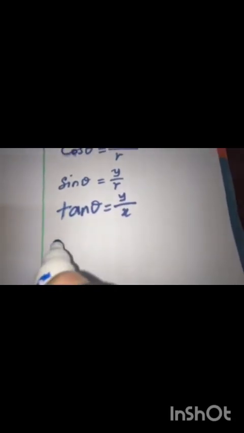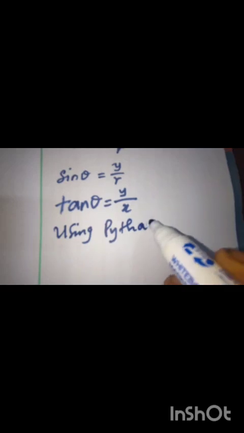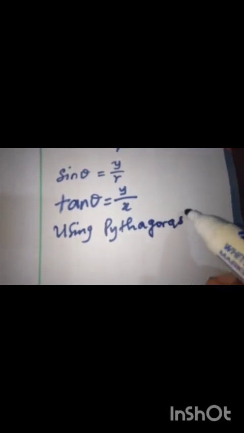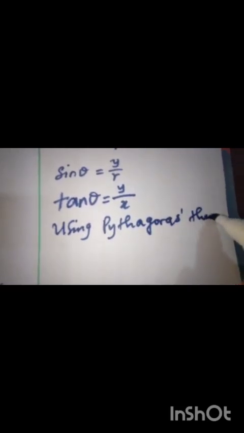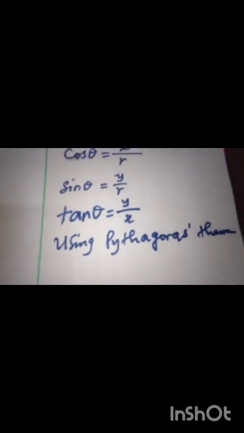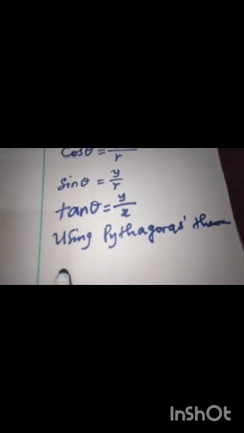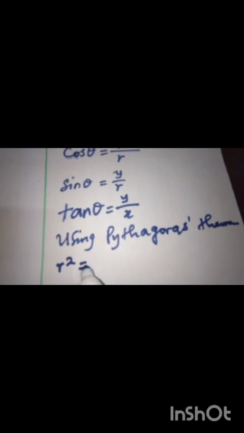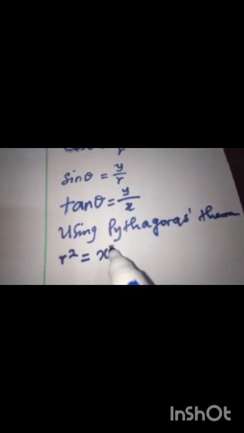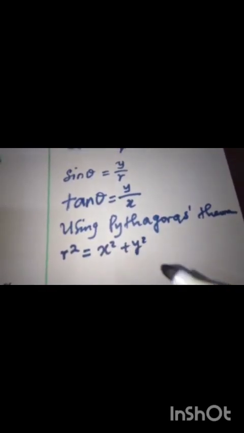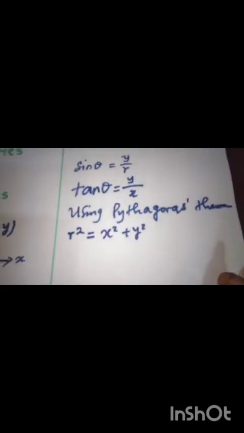Using Pythagoras theorem, we are going to have r squared equal to x squared plus y squared from our diagram, right?